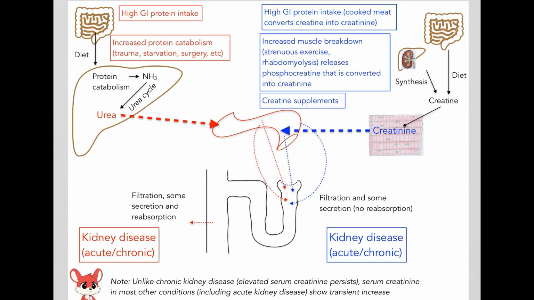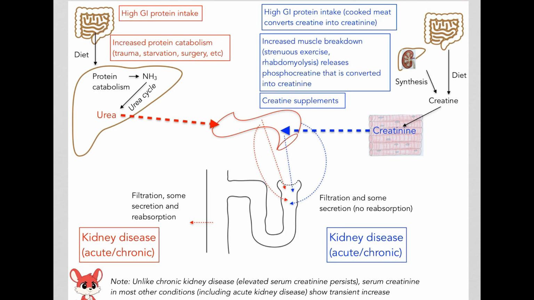Now, there are also conditions that can increase the input, adding more creatinine to the serum, and these include things like a high GI protein intake, because proteins have not only creatine, but when you cook the meat, the creatine is converted into creatinine. So a high protein intake can increase both your creatine as well as creatinine.